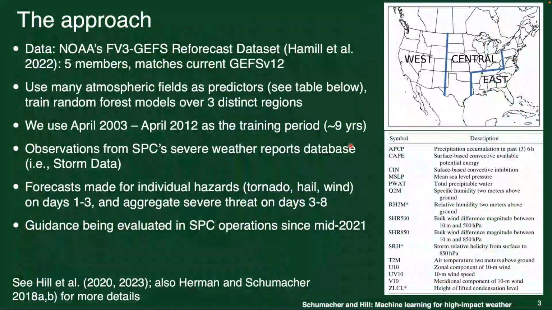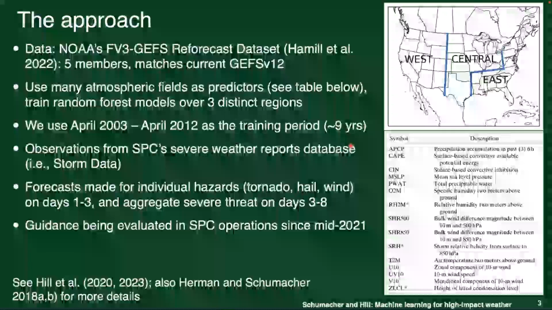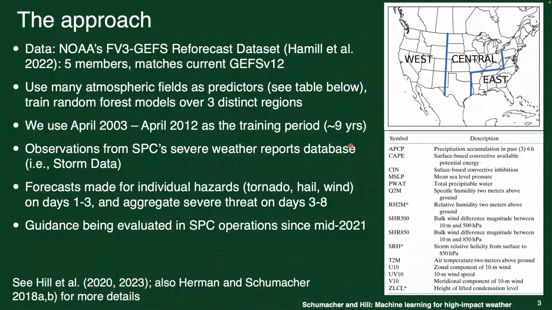So just to give some background on what we do here, I won't go into the real guts of the machine learning and all of that, but hopefully give an overview that gives you a sense of how the system works. So the main input data set we use for this is the reforecast data set based on the FV3 GEFS. It's a 5-member ensemble that goes back, well, more than 20 years, but we use about 9 years of training data for the severe weather predictions.